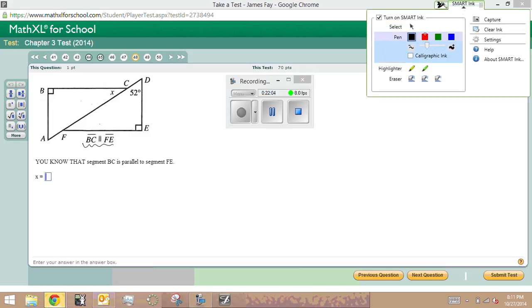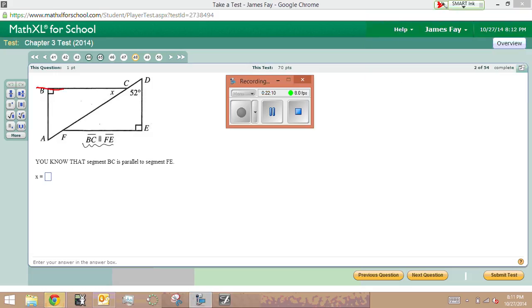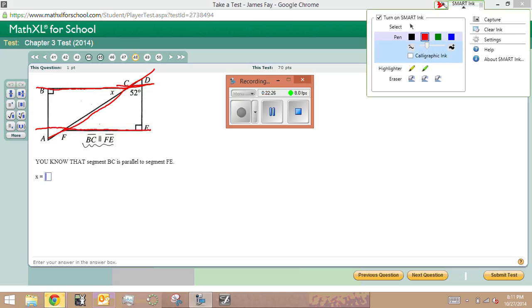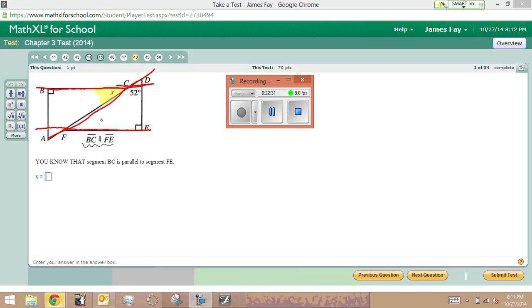So when I highlight BC, which is that segment there, and FE, which is that segment there, and I start looking at that transversal, if I were to extend these lines far enough to where I see that normal parallel line transversal picture, we can see that angle right there and that angle there to be alternate interior. If the lines are parallel, then alternate interior angles are congruent. So this angle right here is also x.